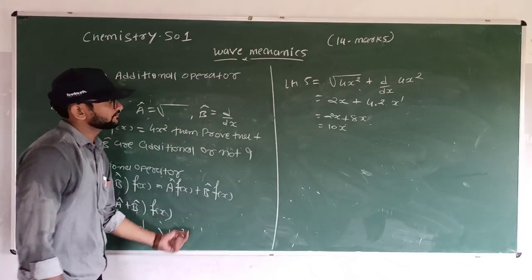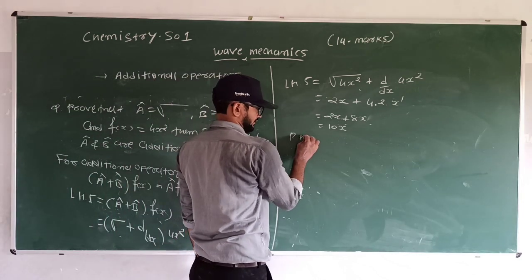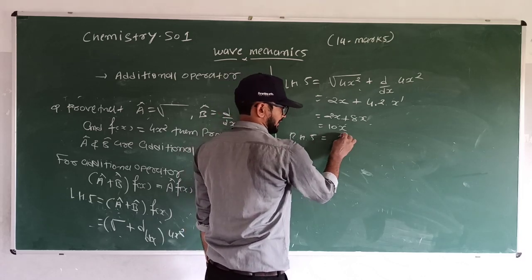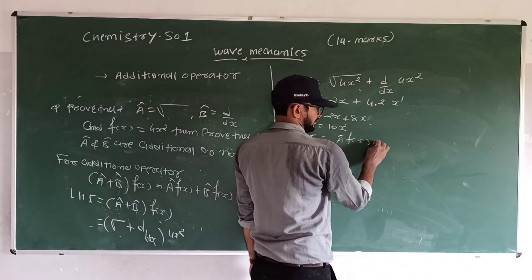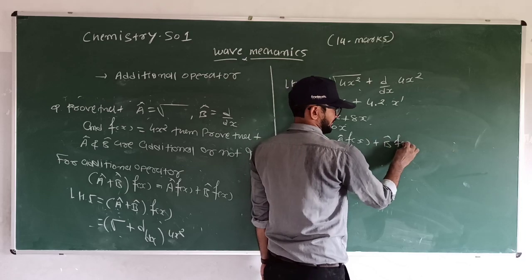Now RHS, the right hand side, is equal to A cap f(x) plus B cap f(x).